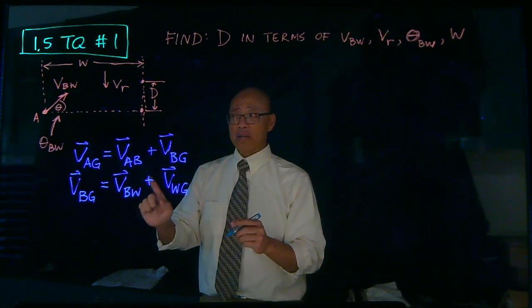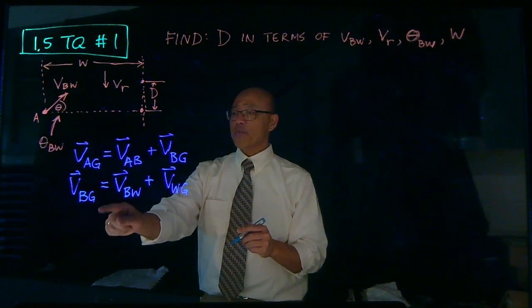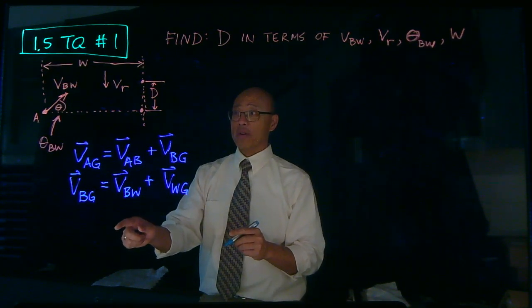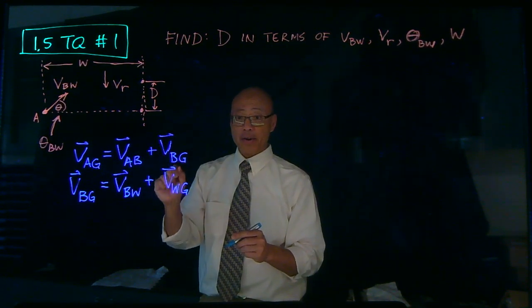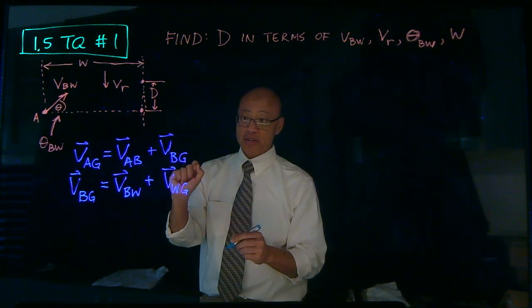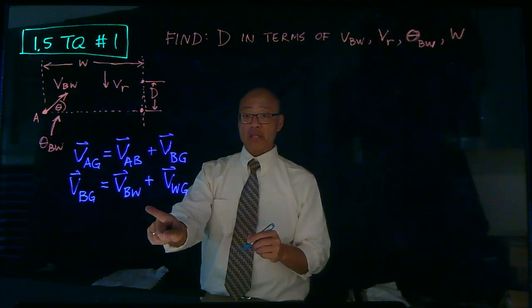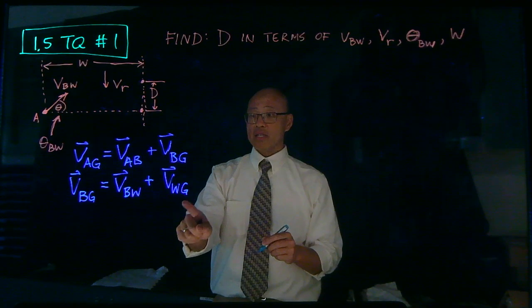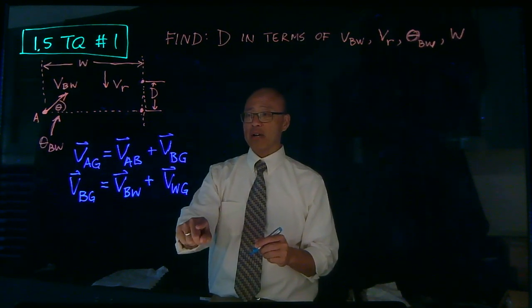For example, there's no velocity of the boat relative to the ground depicted anywhere here as a velocity vector. This is depicted in the picture, but what is this guy? WG, water relative to the ground.